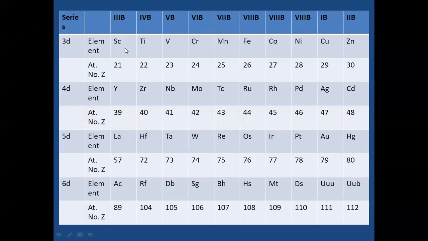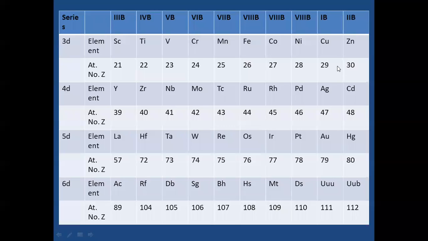Here we have scandium, its atomic number is 21. Then titanium 22, vanadium 23, chromium 24, manganese 25, iron 26, cobalt 27, nickel 28, copper 29, zinc 30.